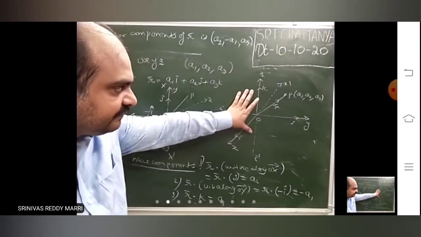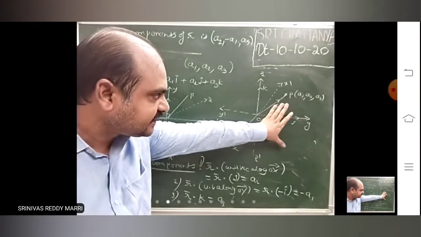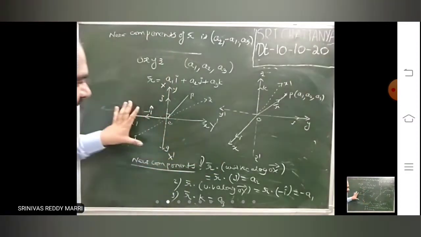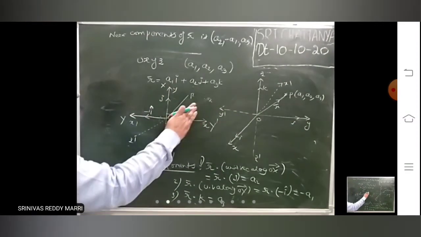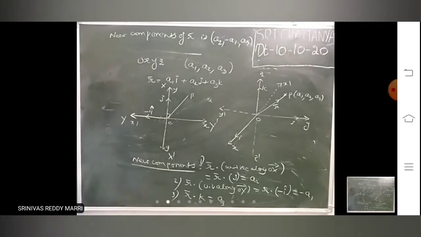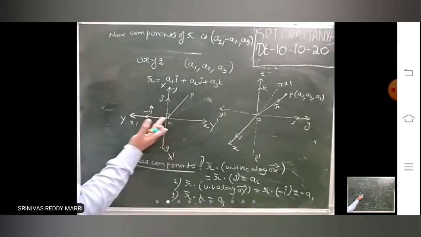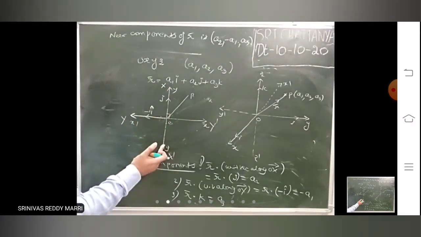Look at this, I will explain once again. Keeping the Z-axis fixed, leave the Z-axis, it will not change. Write the remaining axes: OX, OX dash, OY, OY dash.